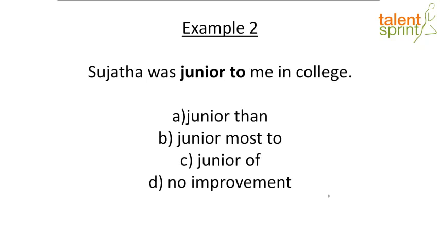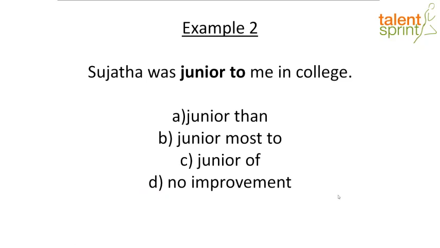In this context, the meaning that is conveyed is "as compared with", right? Which means "junior to" is correct as it is, and in this particular example, our option would be option D, no improvement. It follows and meets the rule of "to", bringing in the meaning that is required in this context, and we do not have to make any change.